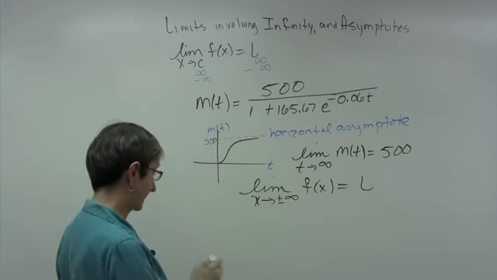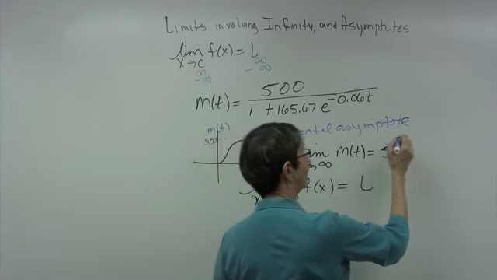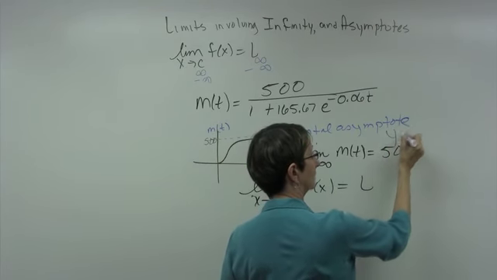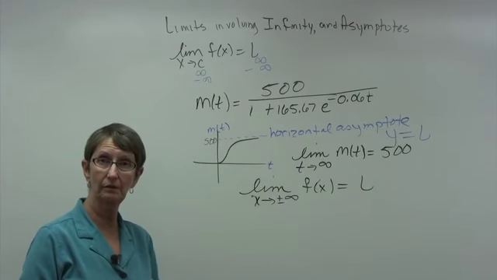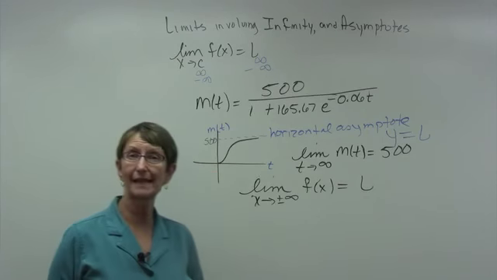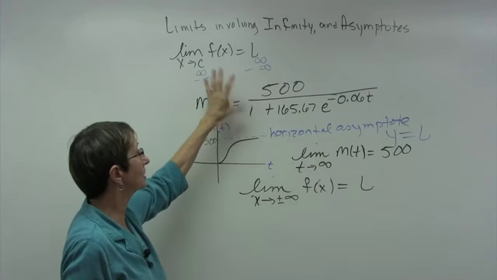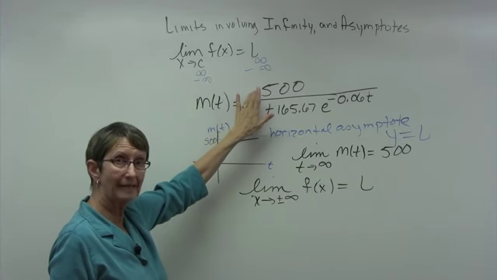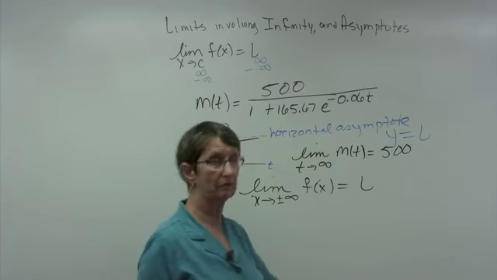And if that is the case, the horizontal asymptote is y equal to L. That's the number for the horizontal asymptote. So let's look at another example. This is one you already know. I didn't set up a data table because the logistic function means this maximum of 500 is the value for the horizontal asymptote.